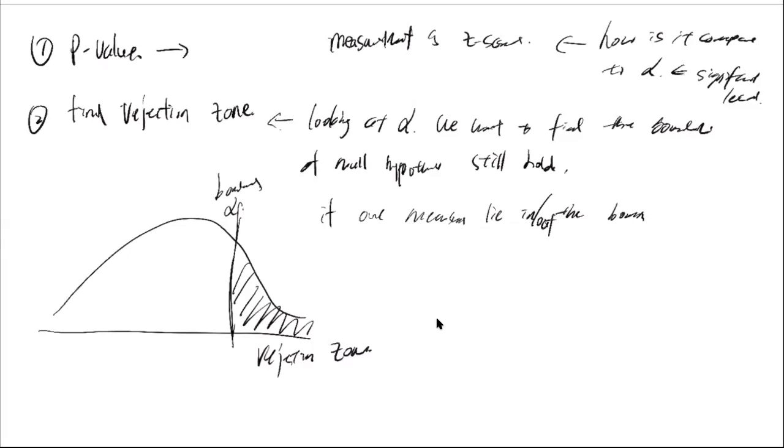So let's look at problem one together. Problem one says X is a measurement of patient blood pressure, which follows the normal distribution, so we can use the z-score. We are given that the standard deviation is 5 and mu is 120.